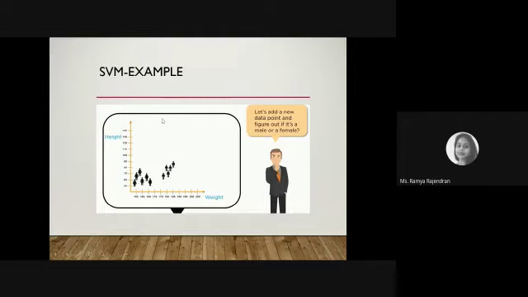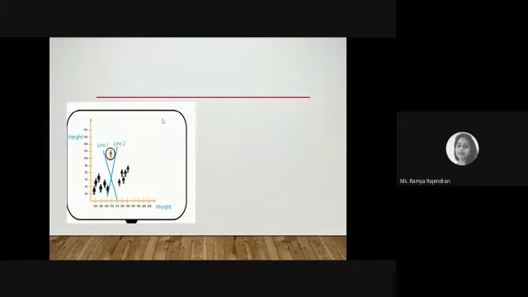Now you introduce a new variable where you want to predict gender. See here I have height and weight. Here this is my female group and this is my male group. I have a new point with a height of 110 and a weight of 170 pounds.